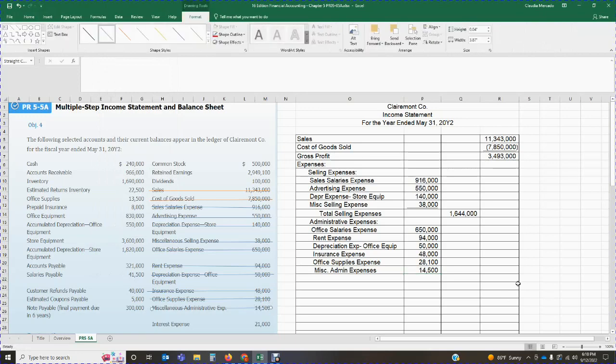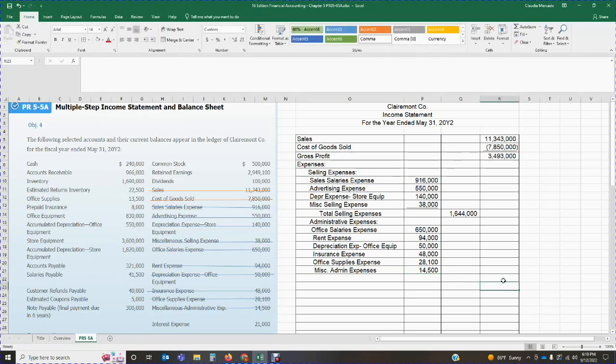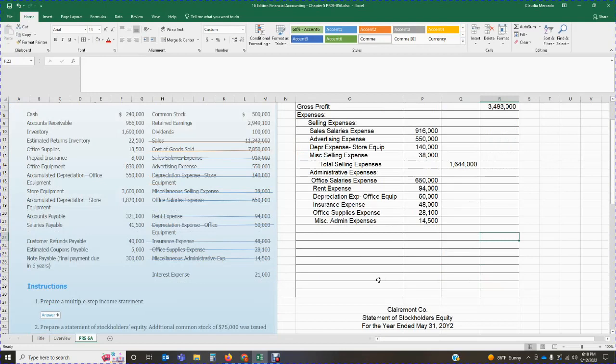So all of that has been used up. We have one more expense, but that is an interest expense. Interest expense has nothing to do with the operations of the business. It has nothing to do with what we're selling. We're going to tally up my total admin expenses.